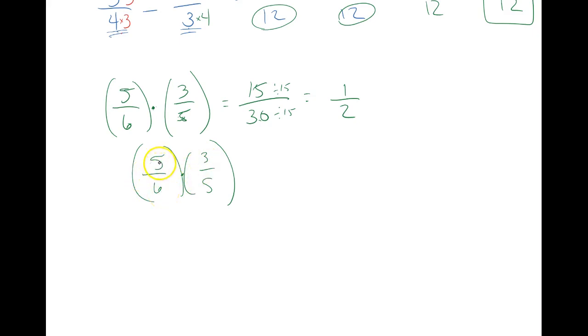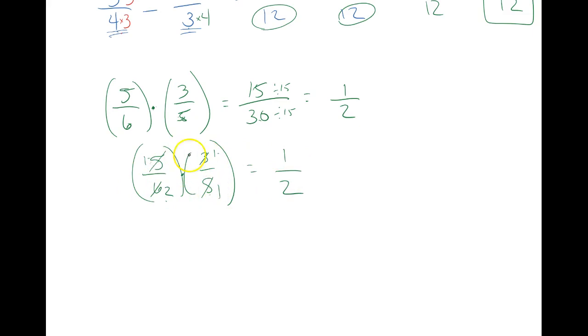So for instance, when I look at a 5 on top and a 5 on bottom and I know I'm multiplying, well, I'm going to just cancel those, because 5 goes into itself one time and 5 goes into itself one time. And then I'm actually going to look the other way and say, well, 3 and 6, they also have something in common. They have the number 3 in common. So 3 goes into itself once and 3 goes into 6 twice.